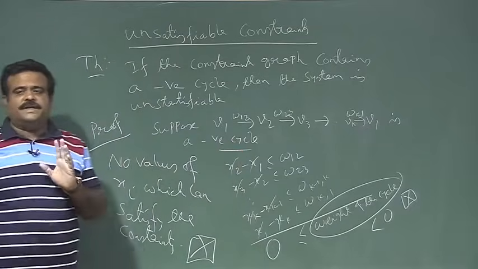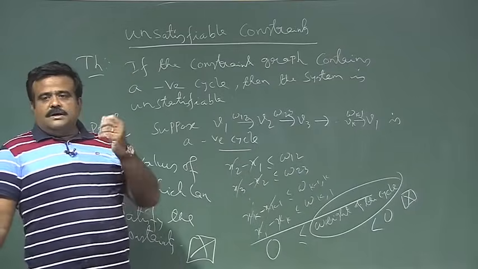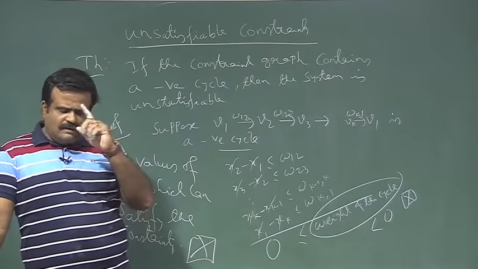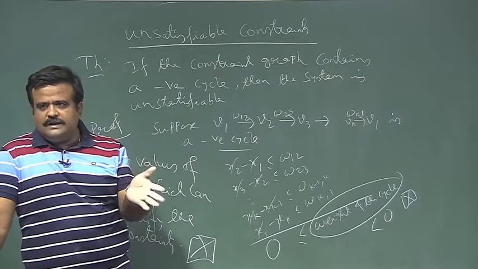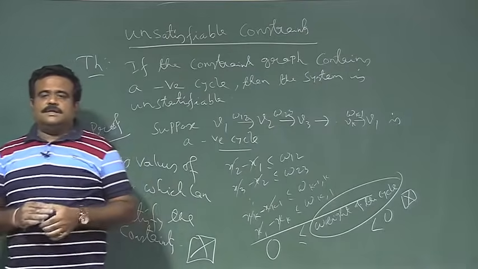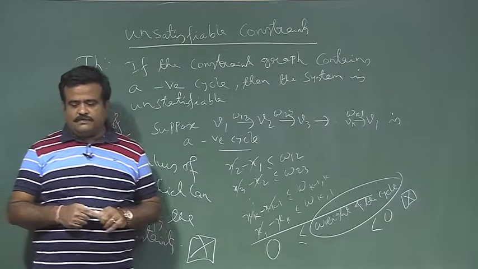Now we have to prove the other way around. Suppose there is no negative cycle. That means Bellman-Ford will give us the single source shortest path. Then from there, how can we get the solution for this system of constraints?